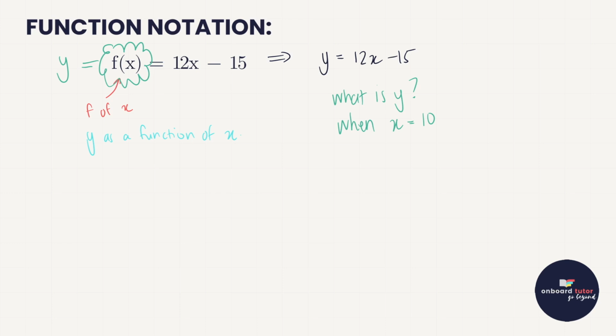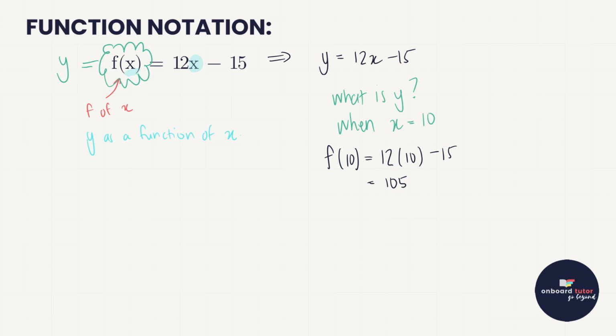And then what we'll do is we'll use this function notation and we'll say, well, we want to know what is f of 10, and everywhere that I have got an x, I am going to substitute in the value of 10. So we're going to say that's 12 times 10 minus 15. And then we work that out. So it's 120 minus 15, which is 105.